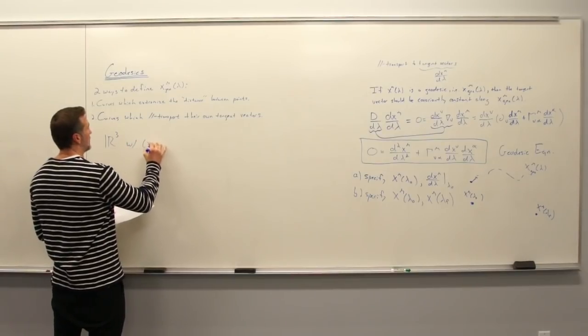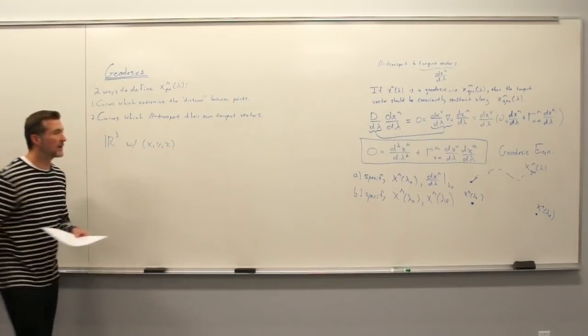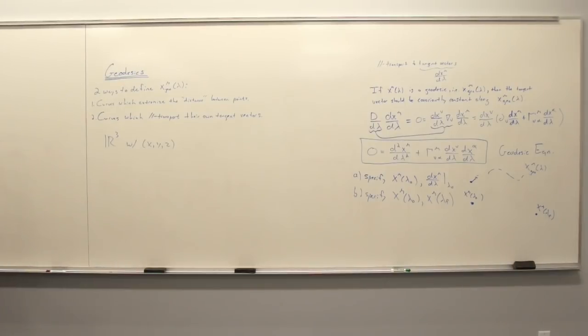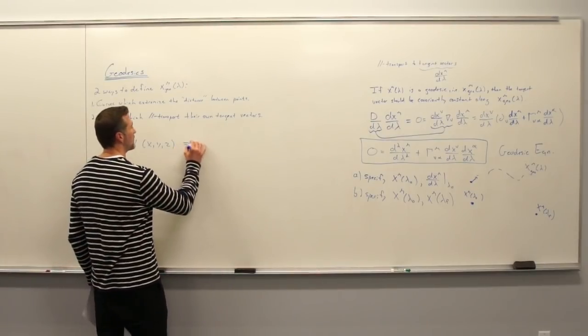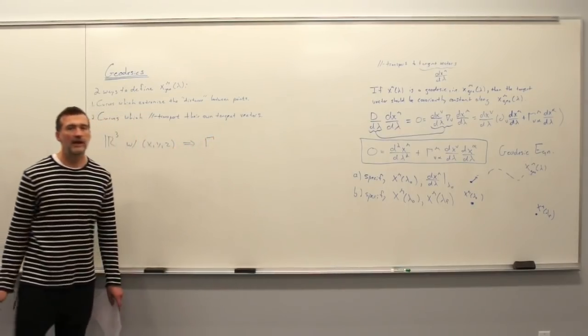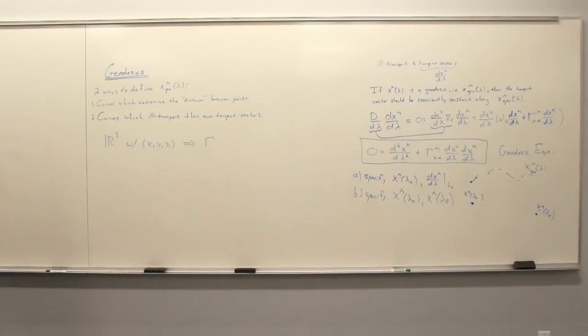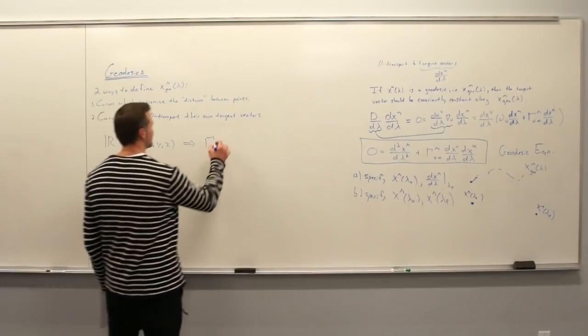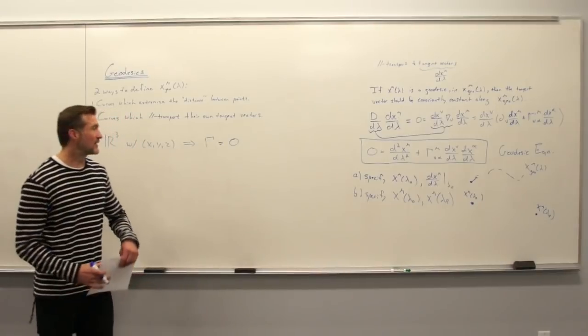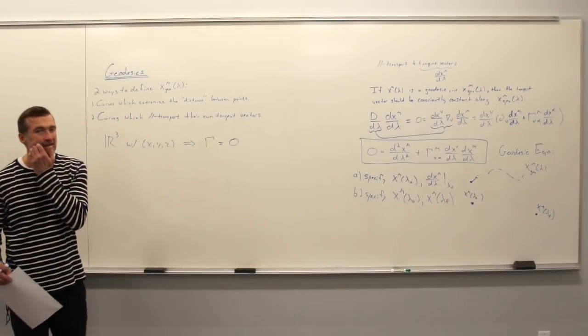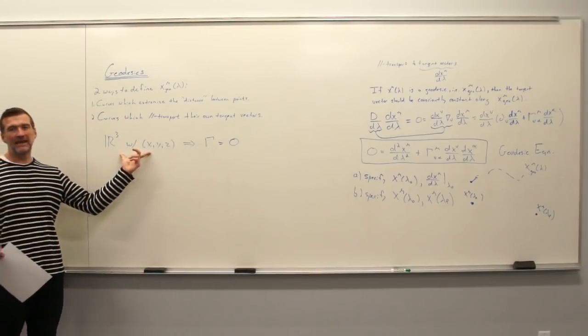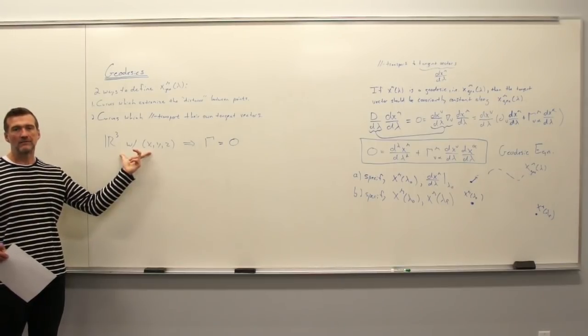So if we choose to work in R3 in the XYZ coordinates, for that particular choice, Jonathan is going to remind me of what the Christoffel connection components look like. Yes, they're all 0. Remember, you build these things by taking derivatives of the metric, but the metric for this space is just 1, 1, 1.